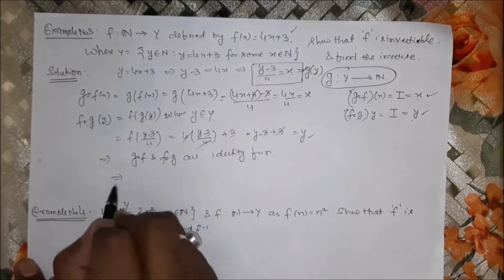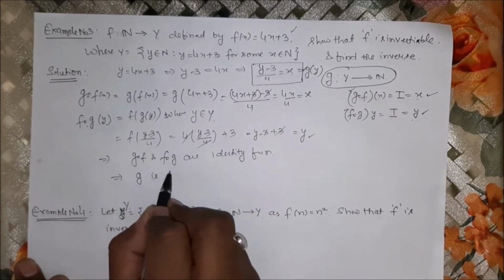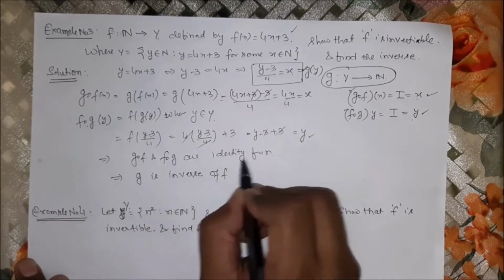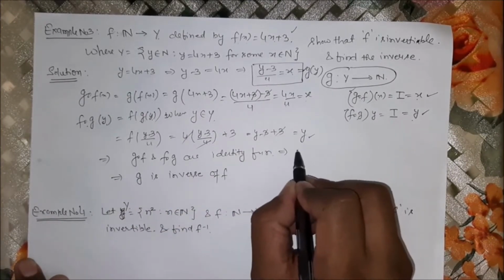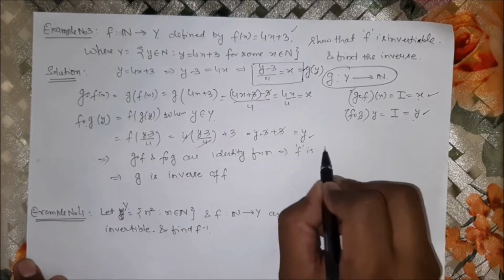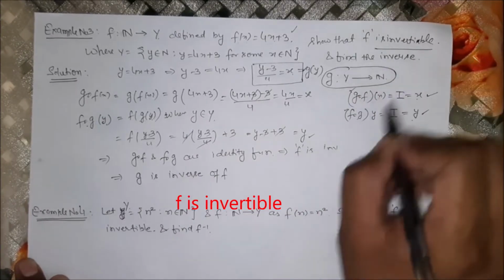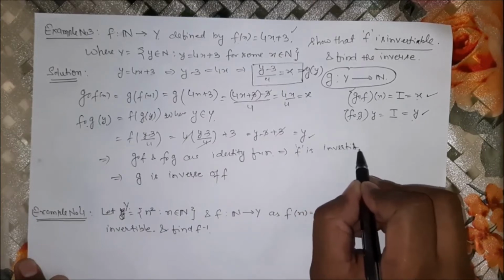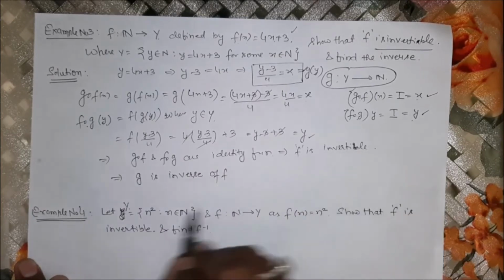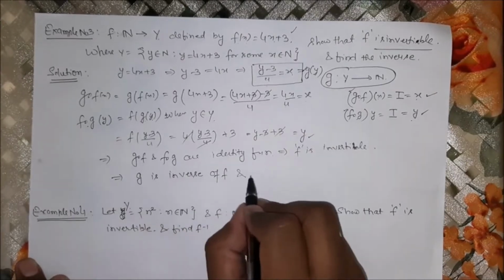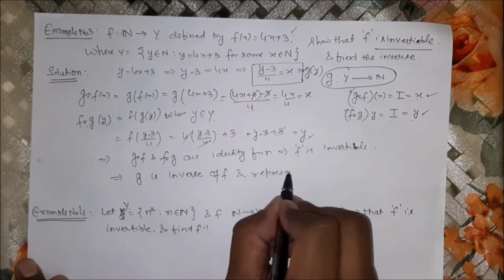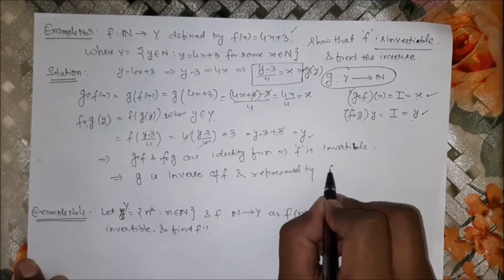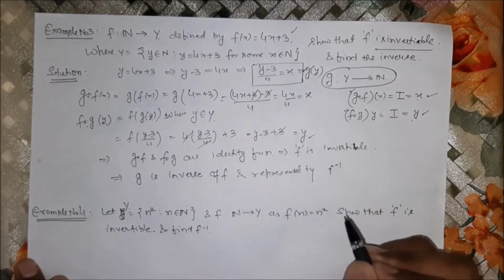Identity function implies g is inverse of f, and identity function also implies f is invertible, because we need to prove f is invertible, right? And g is inverse of f and represented by f inverse.